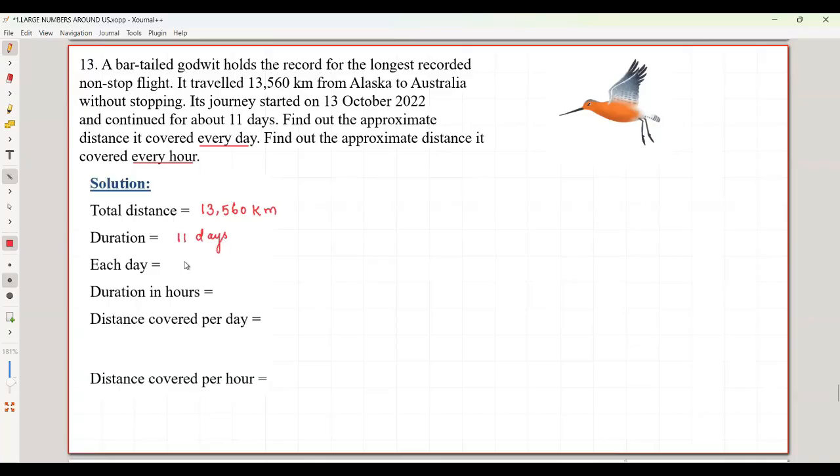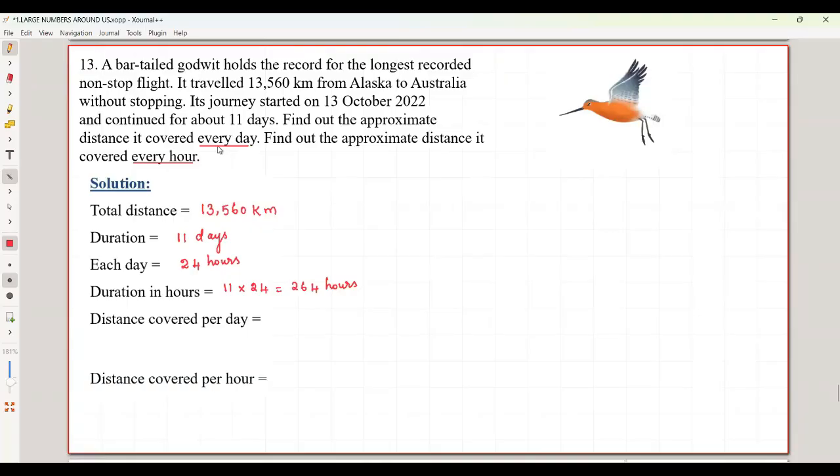Each day has 24 hours. Now, duration in hours: 11 days means 11 into 24, which gives 264 hours. So, distance covered per day.